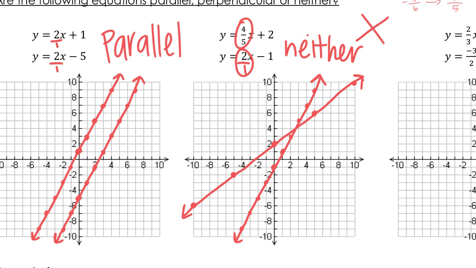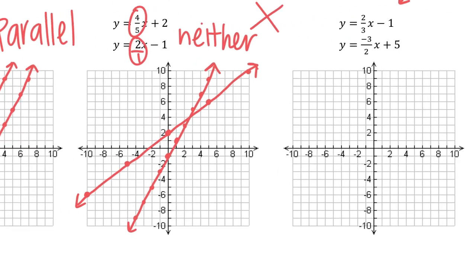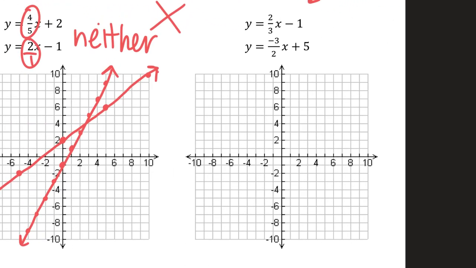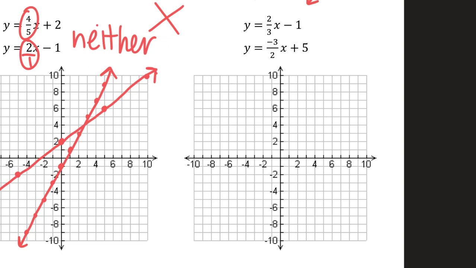All right, let's look at the next example. So let's graph this one. Our slope is 2 over 3, and our b is negative 1. So I'm going to begin at negative 1. And to count that slope, I'm going to go up 2, right 3.